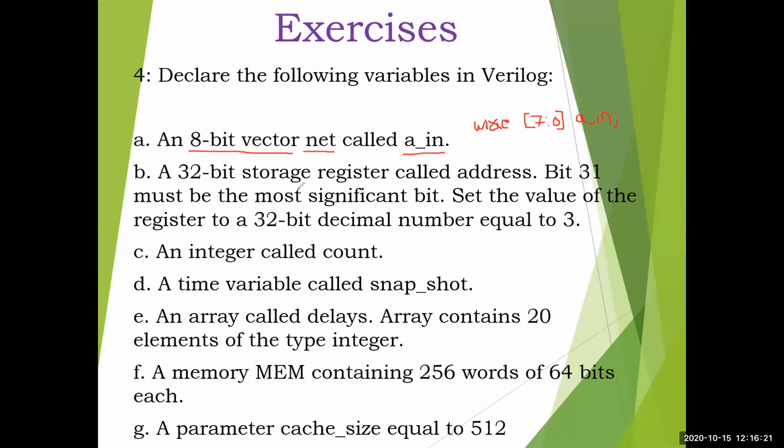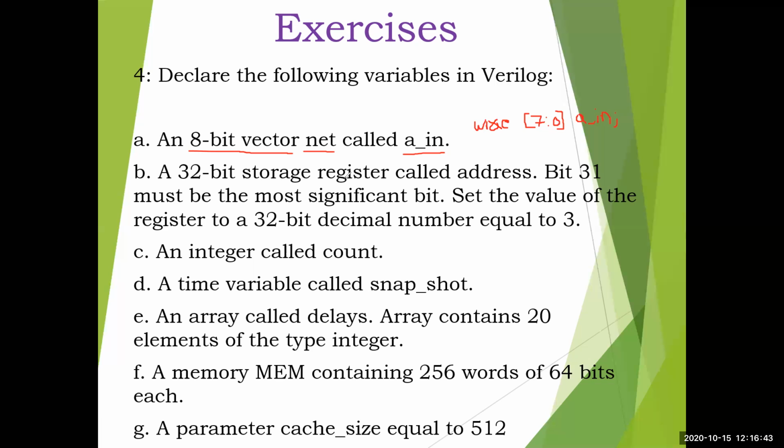Then we will go to the second one. If you have not completed, pause and write down. A 32-bit storage register called address. Bit 31 must be the most significant bit. Here they have particularly mentioned it. And set the value of the register to a 32-bit decimal number equal to 3. So you have to declare as well as assign values.